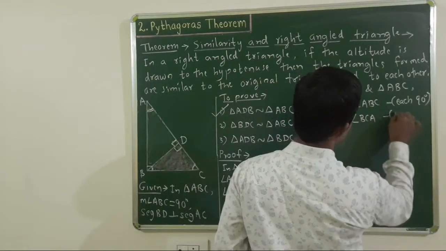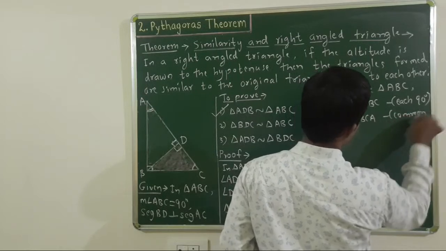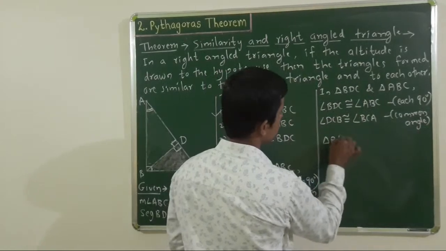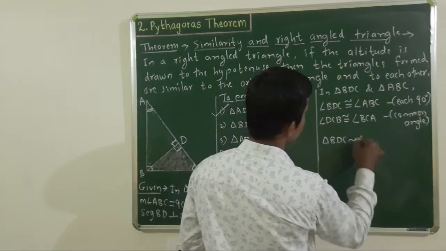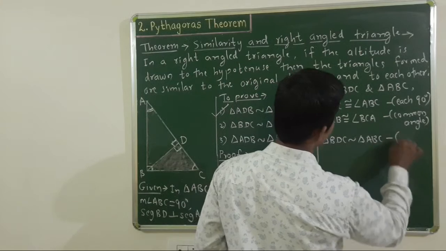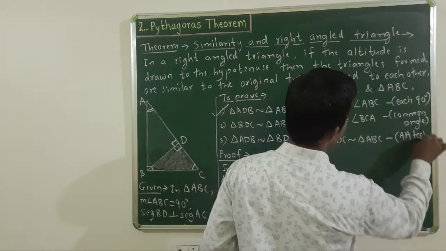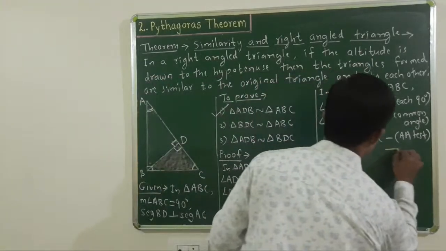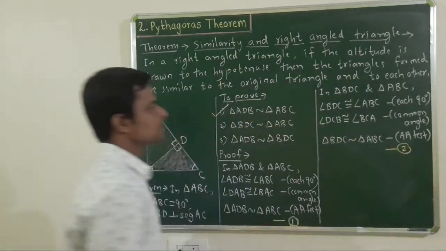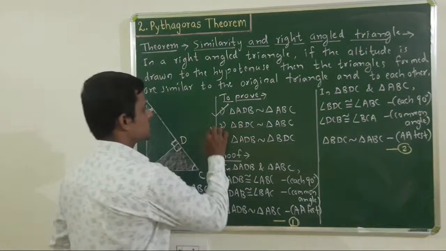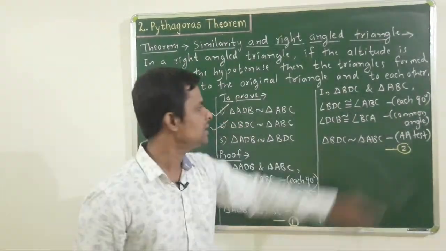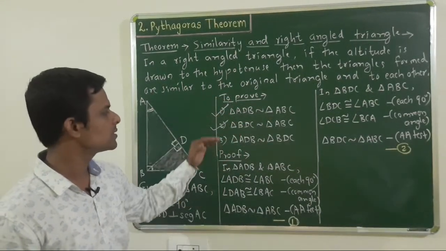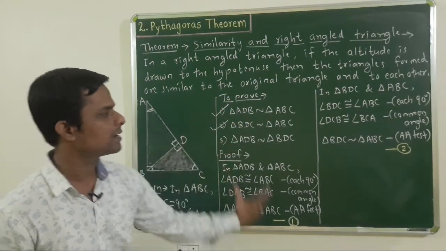BCA, reason: common angle. Hence, triangle BDC is similar to triangle ABC again by AA test. So this is statement number 2. Means we have proved this also. We have proved statement number 1 and statement number 2, but we will not prove statement number 3 in this way.